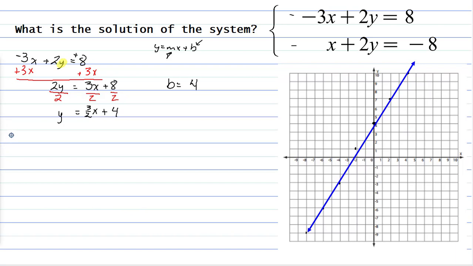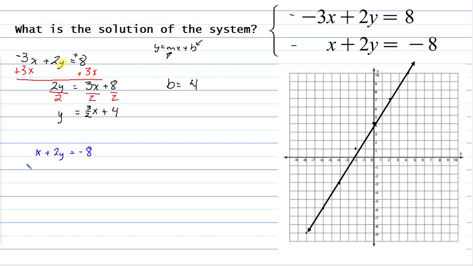Next thing I'm going to do is solve the second equation for y. And so I'm going to go ahead and grab that information. My second equation was x plus 2y is equal to negative 8.